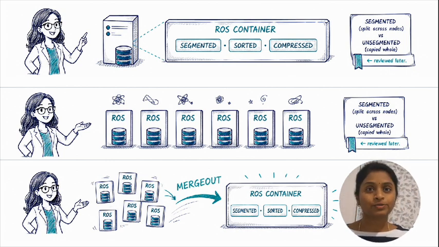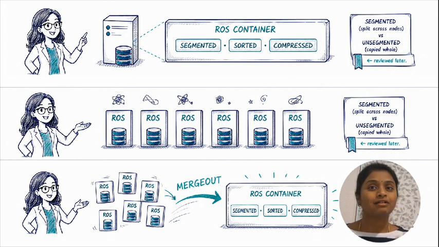So to avoid ROS pushback, Vertica cleans up itself. And what cleans it? A background service called the tuple mover runs an operation named merge out, and it merges those small ROS containers into fewer, larger, fully optimized ones. Same data, still segmented, sorted, compressed, but consolidated.